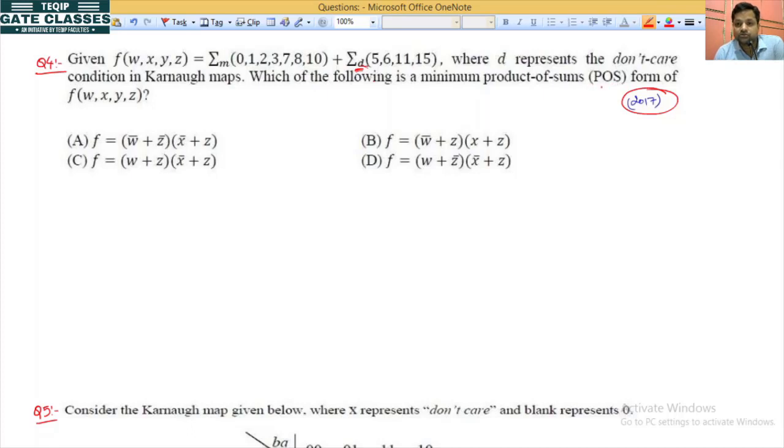Which of these is the product of sum form of f? What is given? Given is sum of min terms, but the output asked is product of sum. How many variables are there in this K-map? 4 variables are there. So we will draw a 4 variable K-map here.